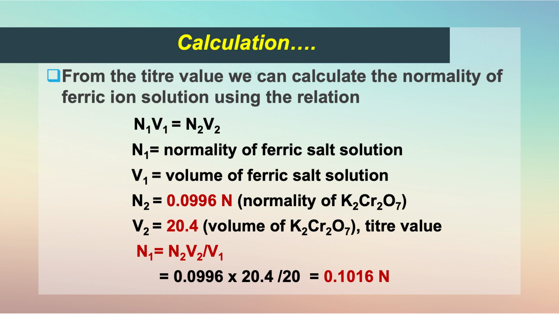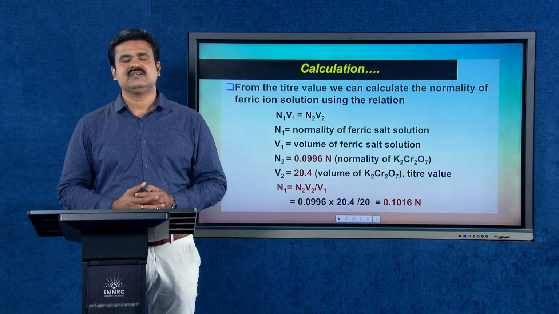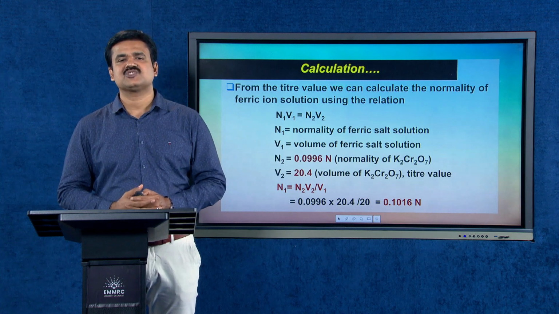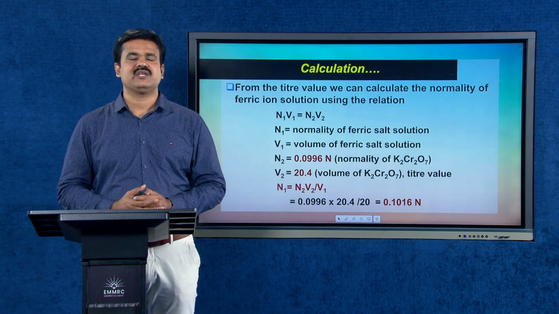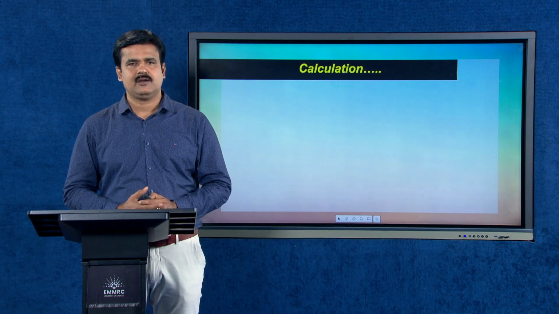And N1 can be calculated by using the expression N2 V2 divided by V1, that is equal to 0.0996 into 20.4 divided by 20, that is equal to 0.1016 normal. That is, you got the normality of the ferric ion solution, which is equal to 0.1016 normal.